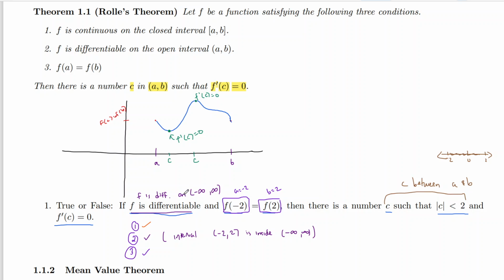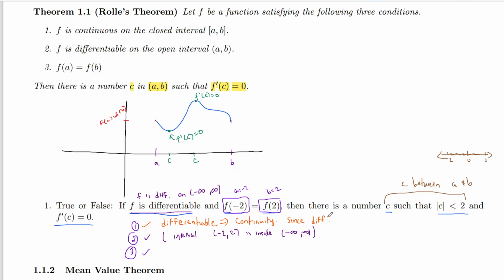Because wherever your function is differentiable, it's automatically continuous. So that's one thing that when we talked about the definition of differentiability, we needed continuity. So differentiable implies continuity. What that means is that since it's differentiable from -infinity to infinity, it's also continuous on -infinity to infinity.